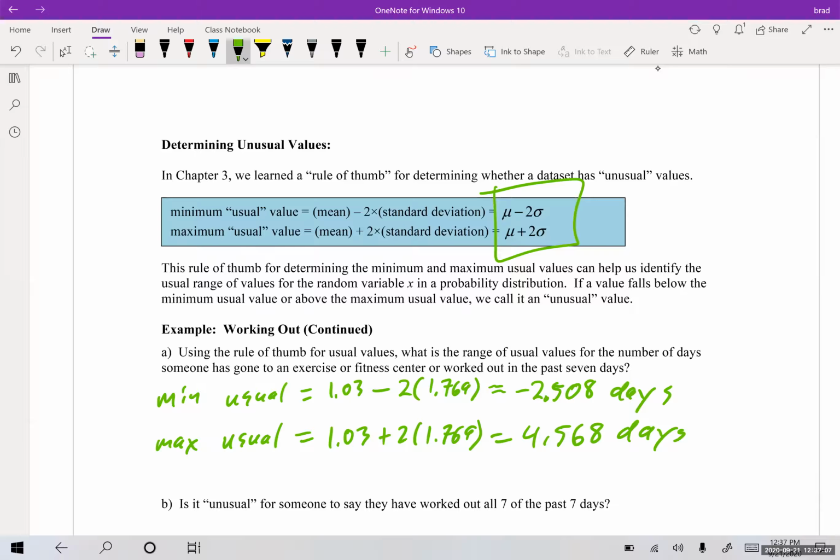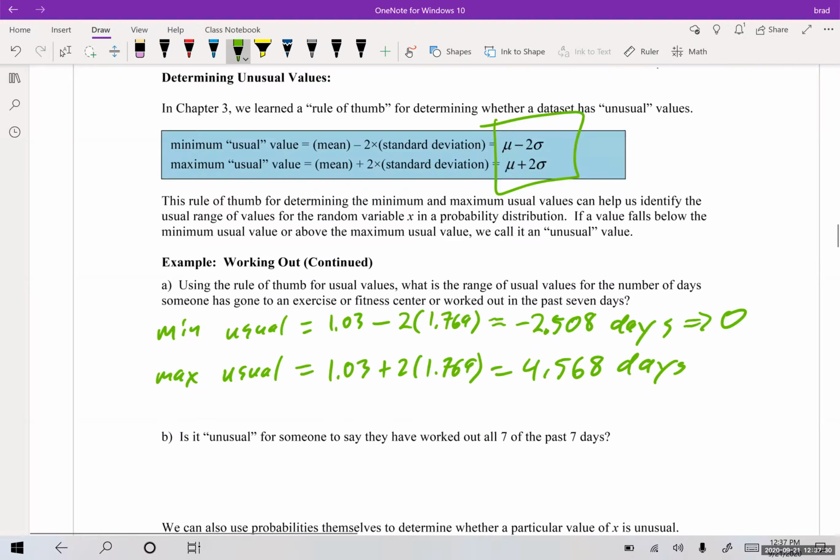Okay, so obviously we can't have a negative. So sometimes you can just think of this as 0 because you can't work out less than 0 days. So basically, we can't really have a minimum usual in this case because you can't work out less than 0 days. So it says, is it unusual for someone to say they have worked out all 7 of the past 7 days?